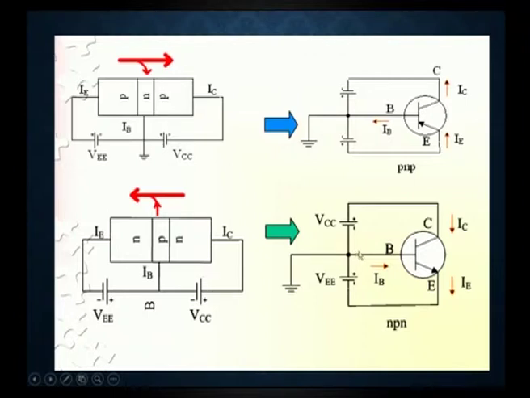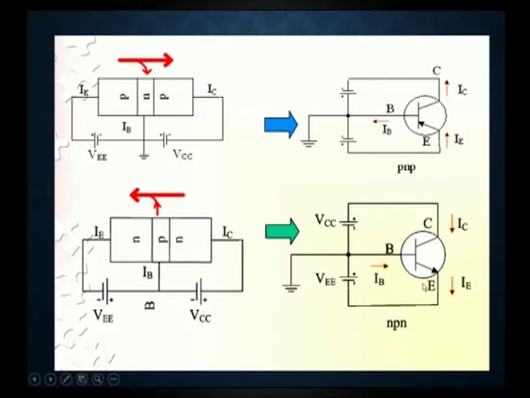This can also be represented with the base grounded and the base current moving in this direction, and it is NPN. So, the emitter arrow is not pointing inwards, it is moving away, downwards, and the collector current is moving like this. The emitter current is the sum of the collector and base current.